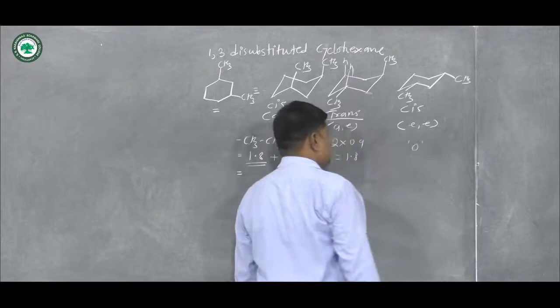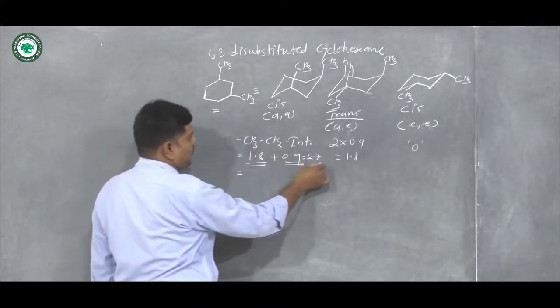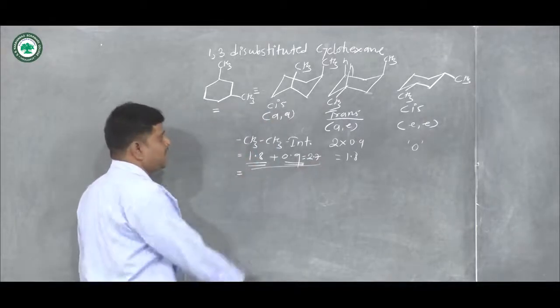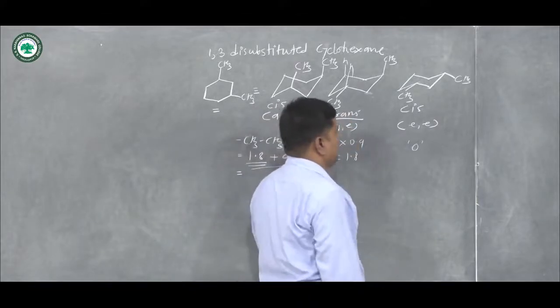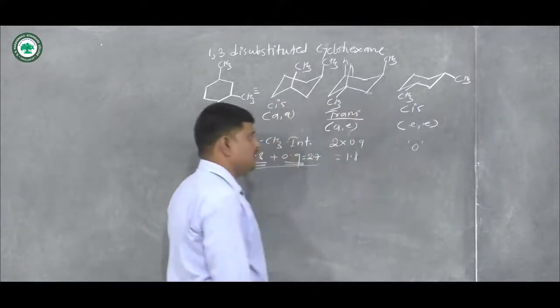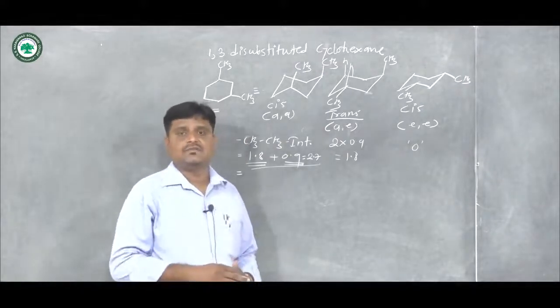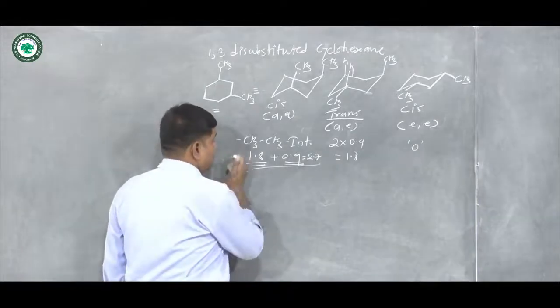its energy is 0. So the most energetic, more unstable structure is cis axial, then trans axial equatorial, and the last one is cis equatorial, so cis equatorial is the more stable structure and the less energetic structure.